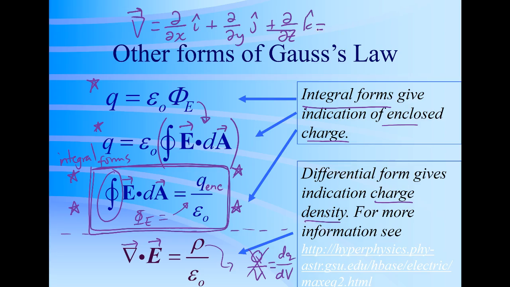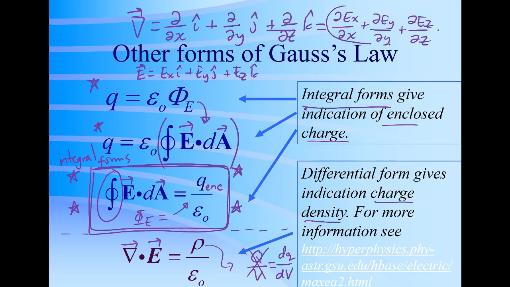So if you apply that to the electric field, where the electric field is equal to Ex i hat plus Ey j hat plus Ez k hat, well then that just turns into partial Ex partial x plus partial Ey partial y plus partial Ez partial z. So that is kind of like the gradient, if you will, for the electric field.